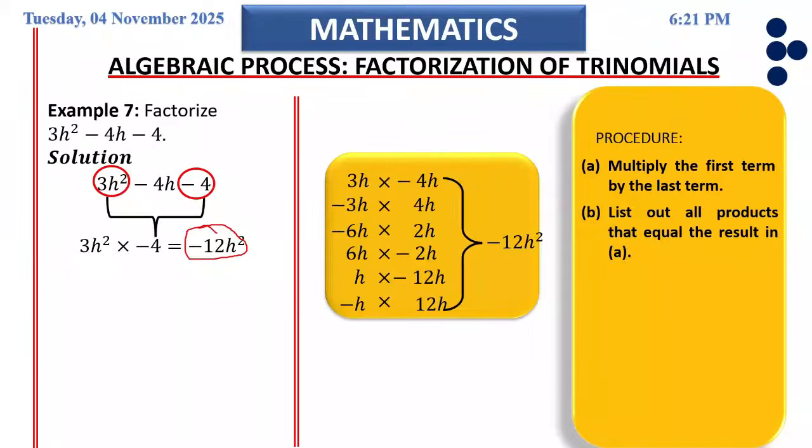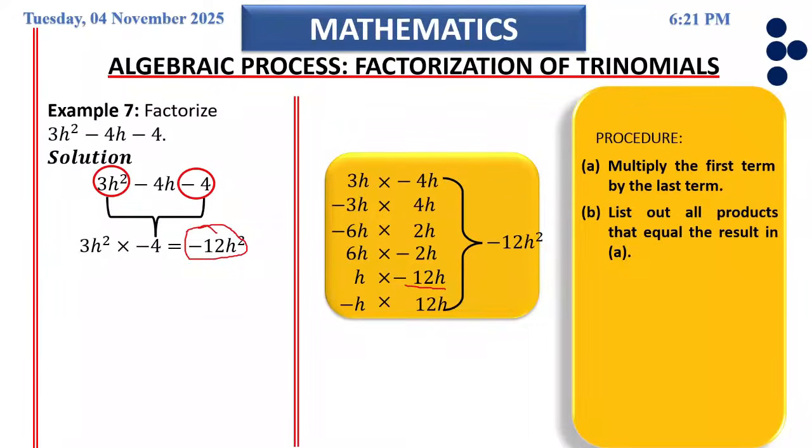Minus 3h times plus 4h will give you minus 12h squared. Minus 6h times 2h will give you minus 12h squared. 6h times minus 2h. When you're dealing with something like this, you have to be very careful with your sign. And h times minus 12h will still give you minus 12h squared. And the last but not the least.